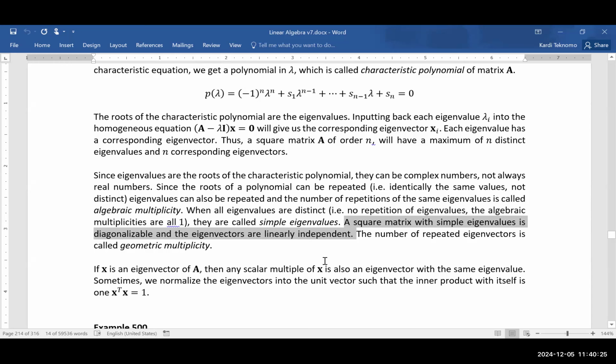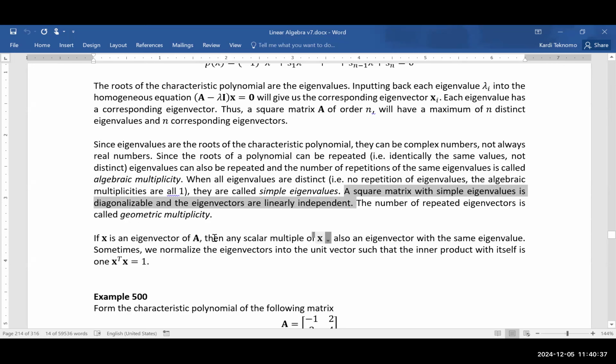So if you can find this, you can make it diagonalizable and linearly independent, so they can become a coordinate system. Of course, sometimes in computers you will create a standard. You can create any scalar multiple of x, isn't it? But if you want to make it standard, usually we normalize so that the eigenvector is a unit vector, that means the norm is 1.